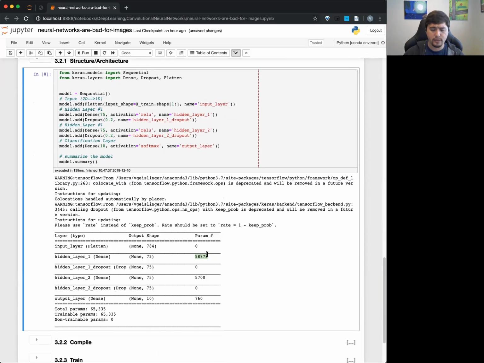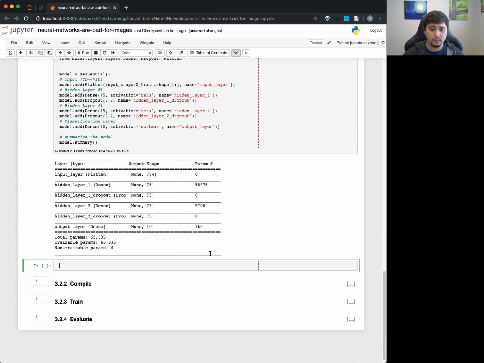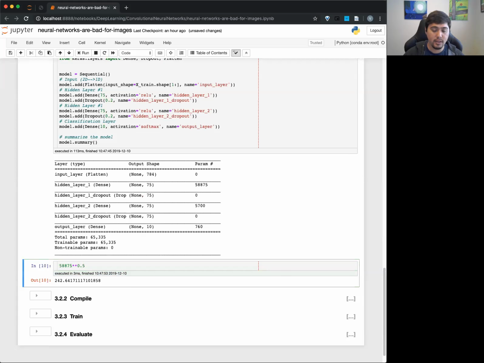Want to take the square root of that by chance? Okay, about 240, so it's about 240 by 240. Anyway, this is the number of parameters. You can see we're feeding this into different layers, and we'll have a total of 65,000-something weights to mess around with.